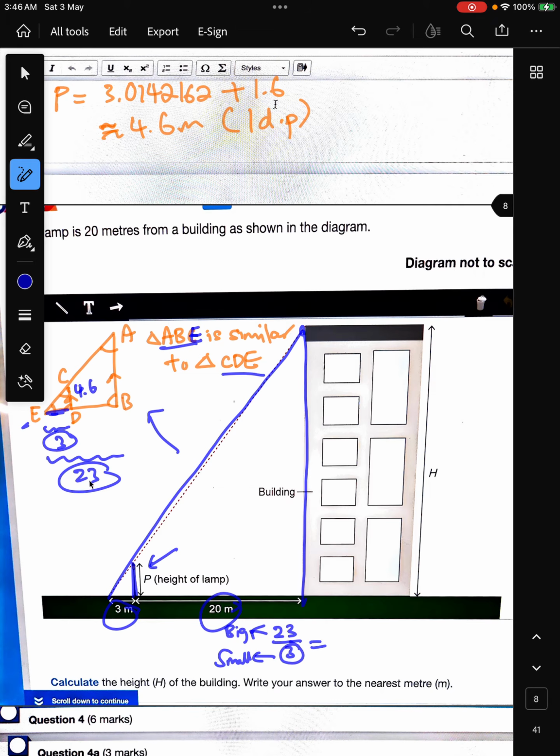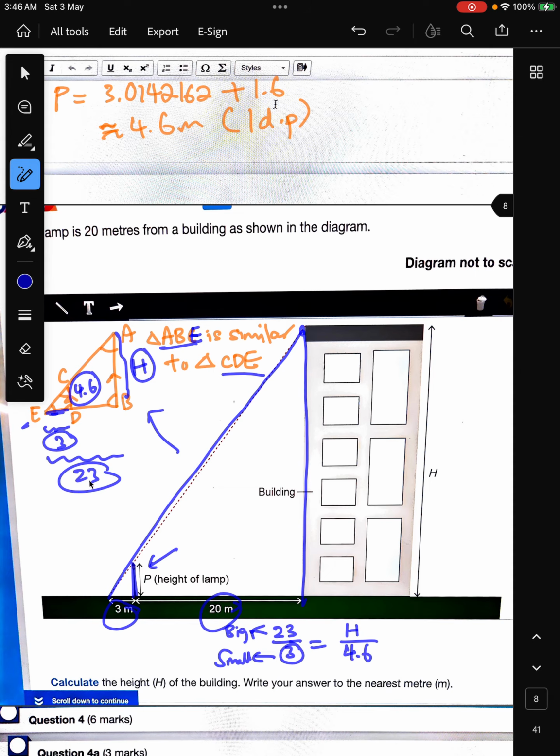That would also be equivalent to the ratio of AB, which is the height of the building, so I'm going to call this H, over 4.6, because these two lengths are proportional.